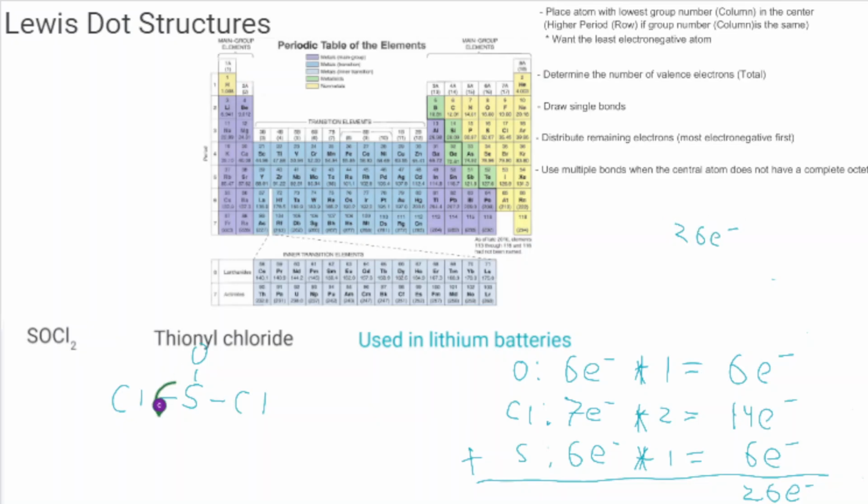So we have 1, 2, 3 bonds. So we're going to have 3 times 2 electrons, 2 for each bond, and that's going to give us 6 electrons used up in bonding. So we can subtract that out, and we know we have 20 electrons remaining.